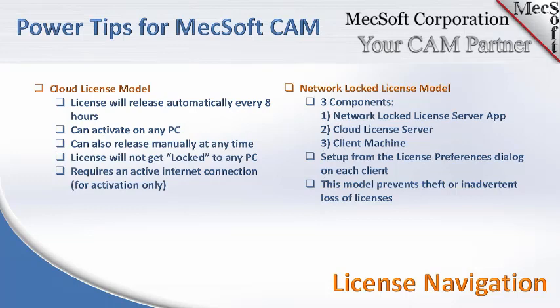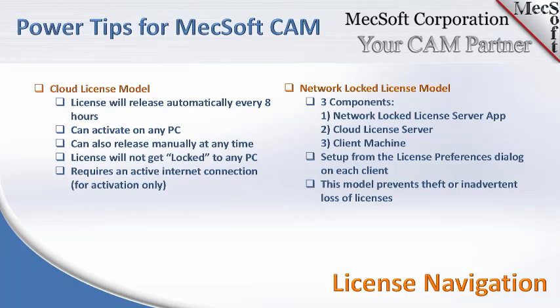One is called the cloud license model, which is basically for single users or multi-seats, maybe 2 or 3 seats in your company. Then we typically would provide that company with a cloud license model. The advantage, as opposed to node locked, which we used to send out before, is that the license will automatically be released after 8 hours of non-use.